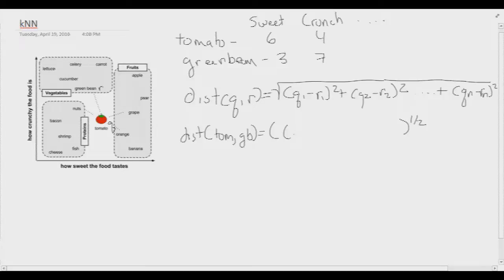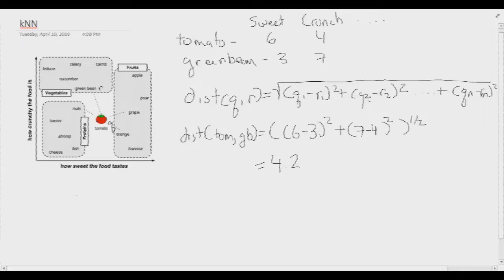And what we can do here is we can take 6 less 3 squared plus 7 less 4 squared. So this will give us an answer of 4.2. So the tomato to the green bean has a distance of 4.2.